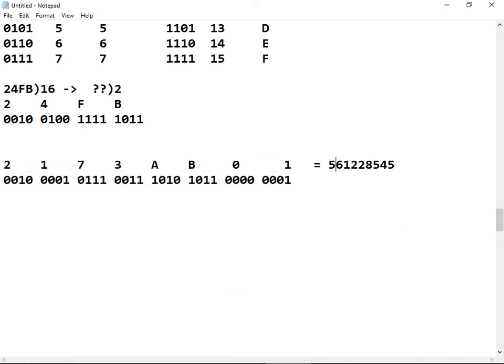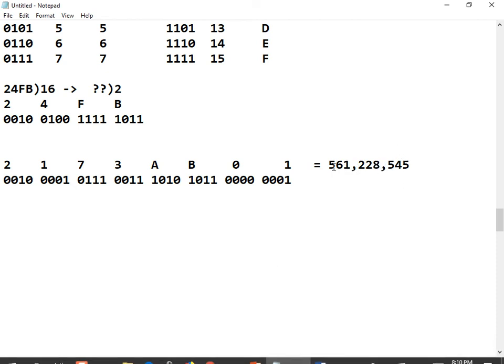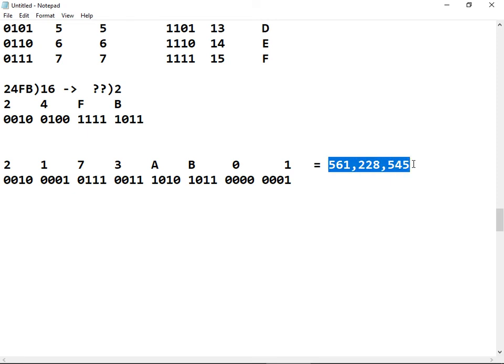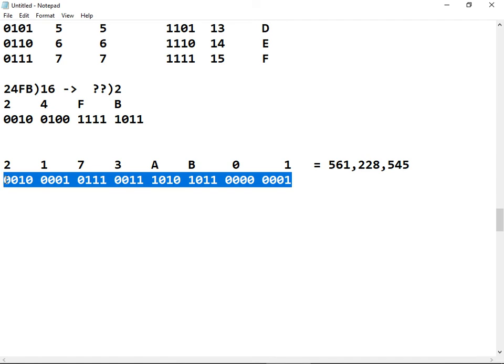You don't have to type that, but I'm just trying to show you. Okay, so if your computer has the number 561,228,545, then somewhere in its memory it's got this series of bits and bytes, series of zeros and ones.